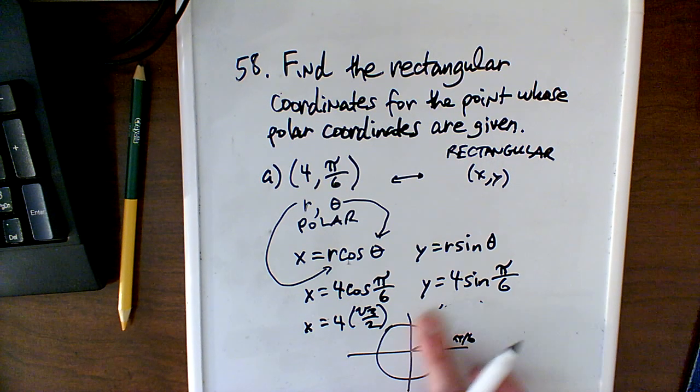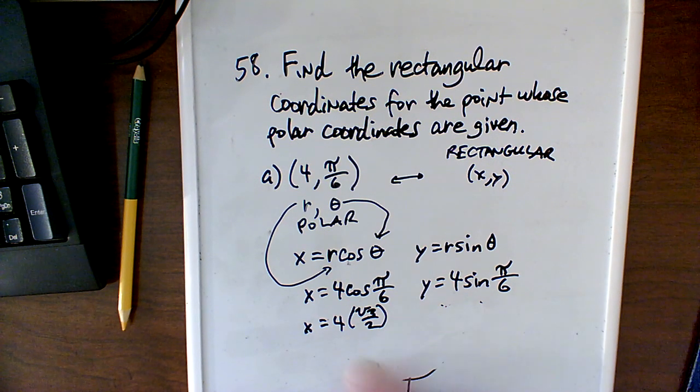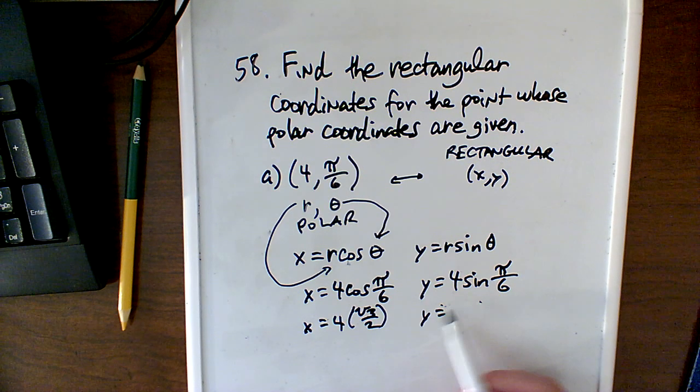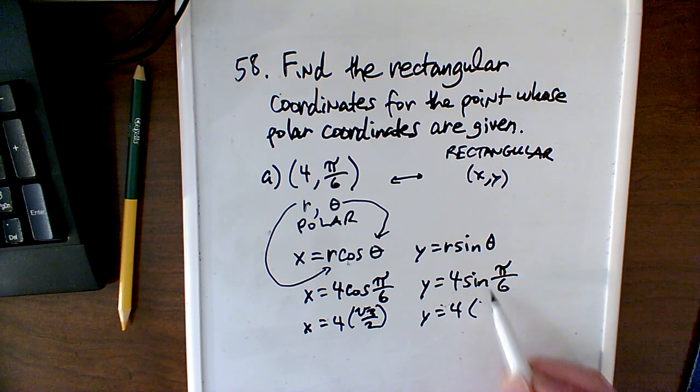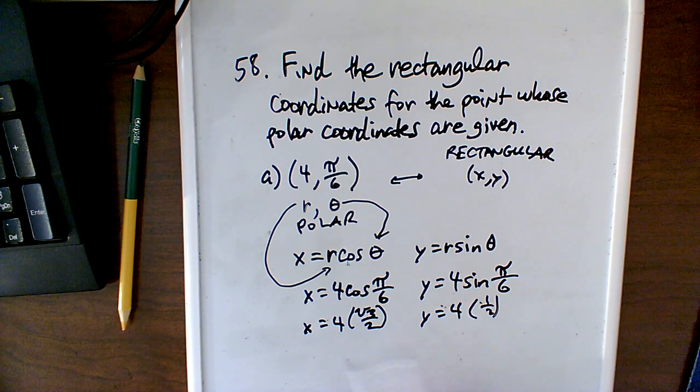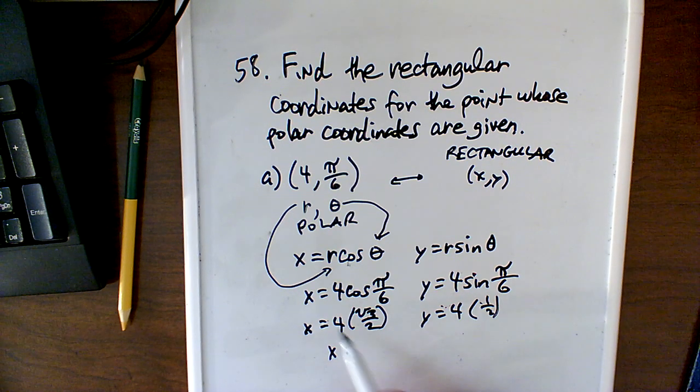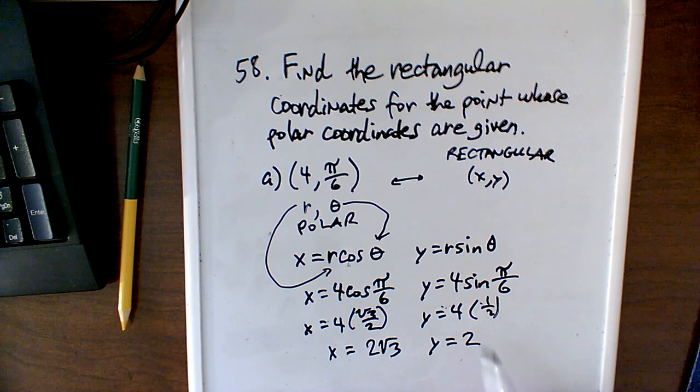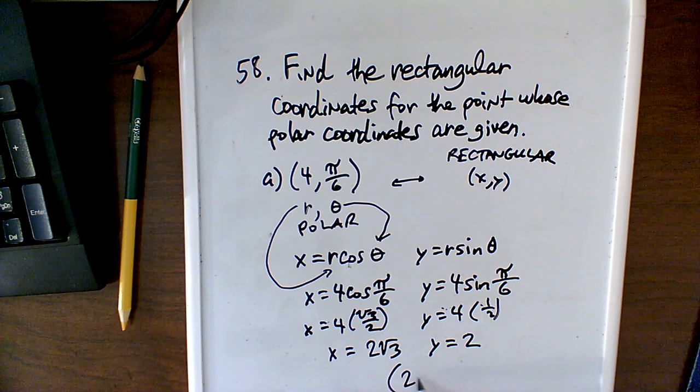And let me just erase this now. Give myself some room. And then y is equal to 4 times sine of pi over 6, which is 1/2. And now we end up with x equal 4, 2 goes into 4, this is 2 square root 3, and y is equal to 2, so my rectangular coordinates are 2 square root 3, comma 2.